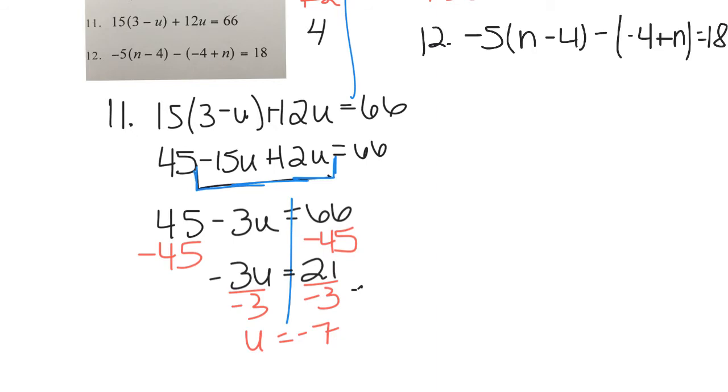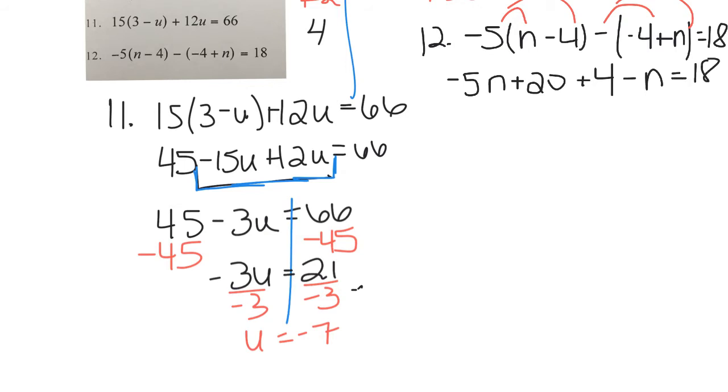So again, when I have a number in front of parentheses, I can distribute. And I'm going to distribute that negative sign over the parentheses as well. Negative 5n plus 20. Negative times negative 4 is plus 4 minus n. That negative changes the sign of what's inside, equals 18.